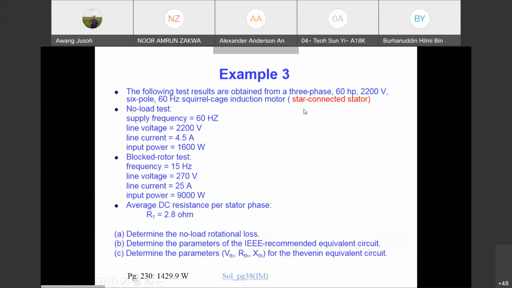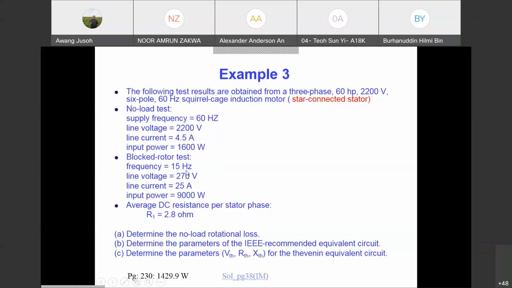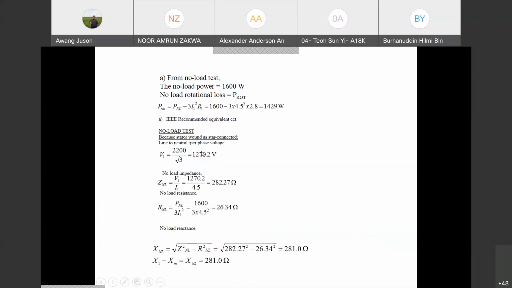That means we have to divide by root 3 to get the phase voltage. So 2200 divided by root 3 gives the phase voltage. It is 1270.2. This is phase voltage for no load test.